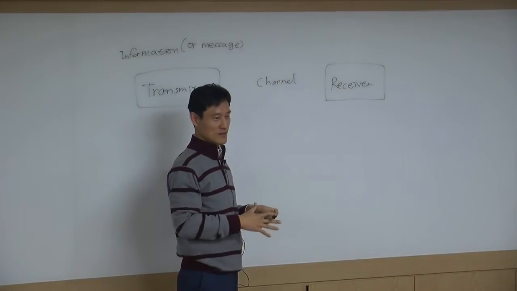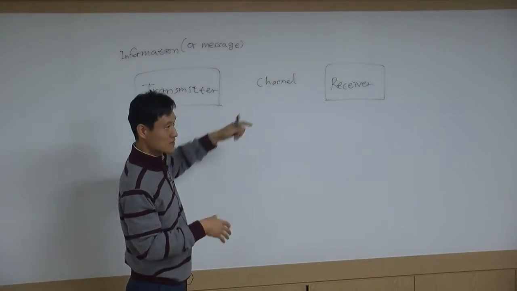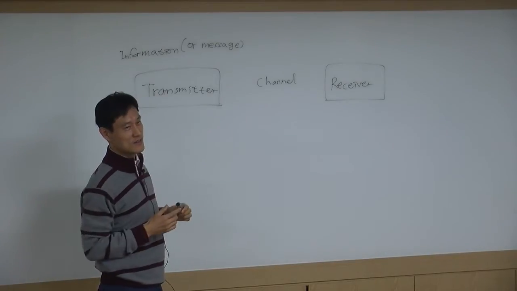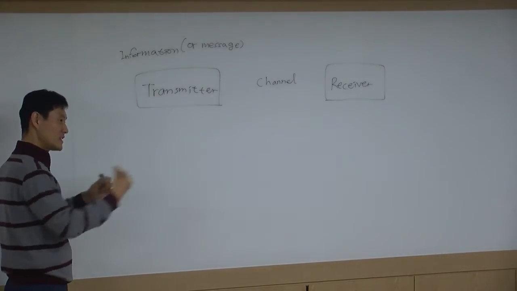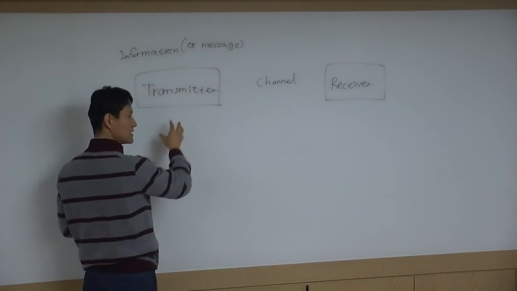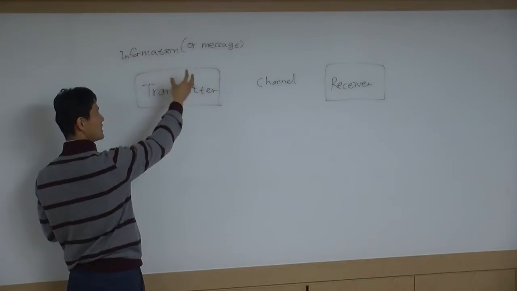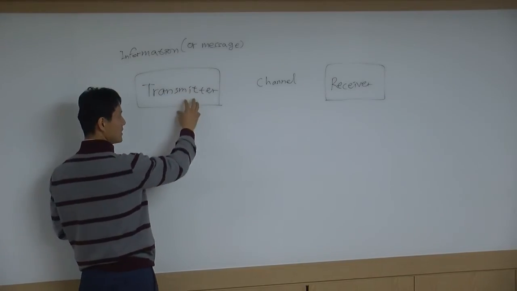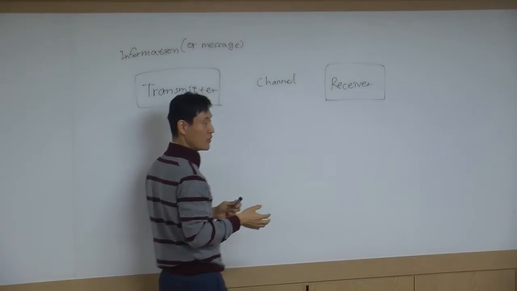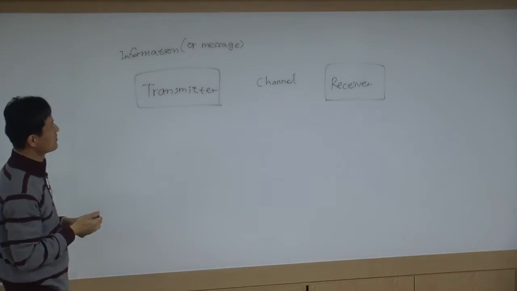That's not communication. So in order for communication to happen, you need some information or message, and this information is delivered from one place to another. Only in that case can you call it communication.